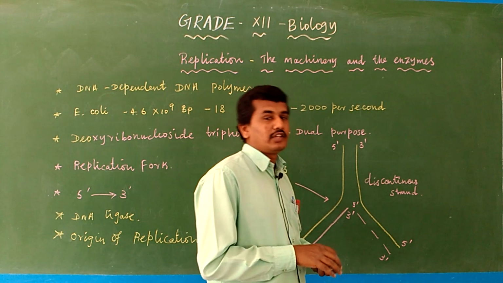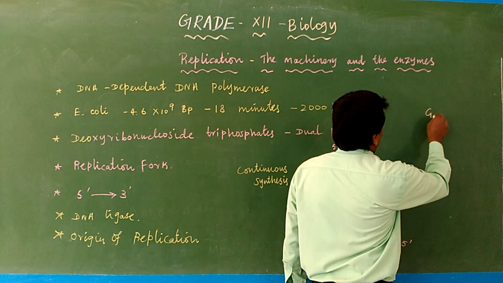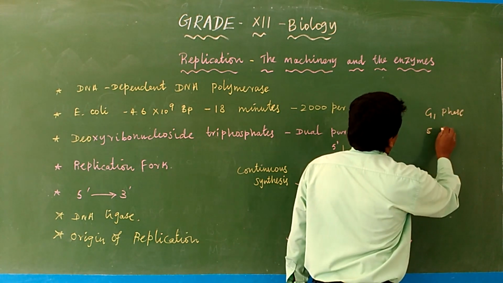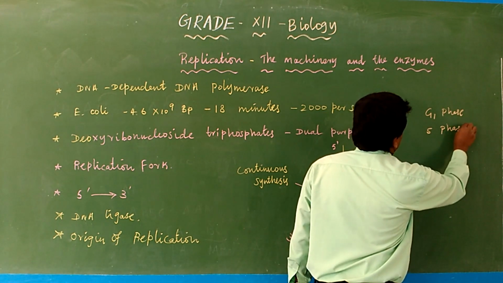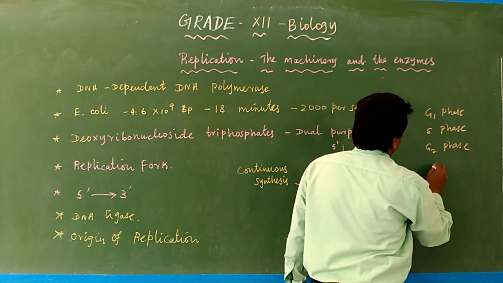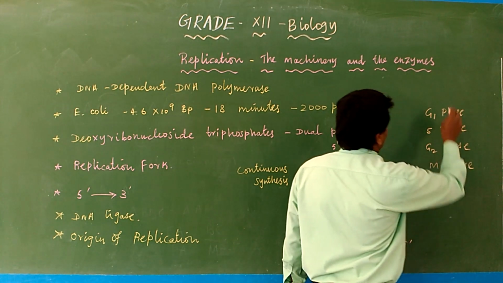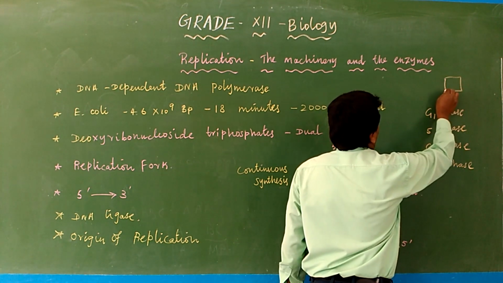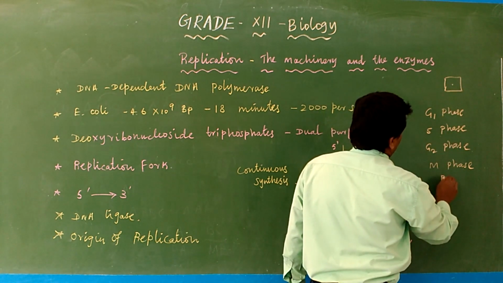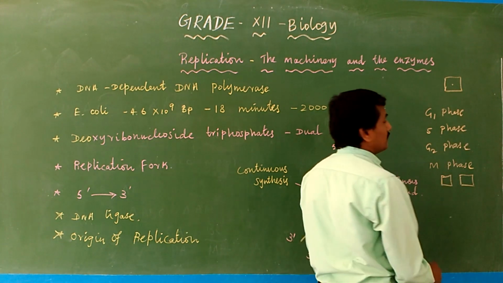In the cell cycle, one cell divides into two daughter cells following various stages: G1 phase, then S phase, G2 phase and M phase. M phase means mitotic phase. So one cell, after G1, S, G2, M phase, divides to form two cells.